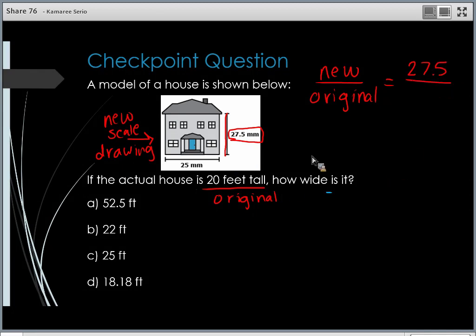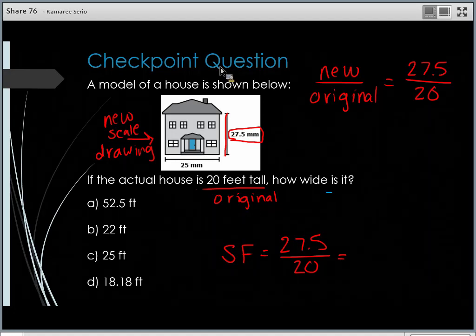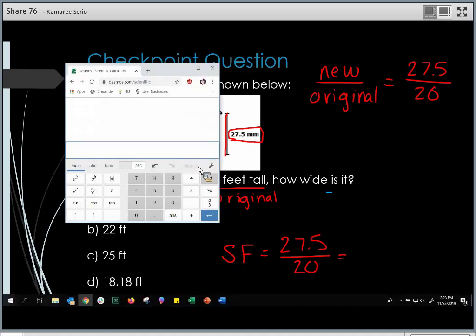My original height is 20. So I'm going to take my scale factor of 27.5 over 20, and let's see if I can simplify it. So I'll clear this out. 27.5 over 20 simplifies to 11 over 8.